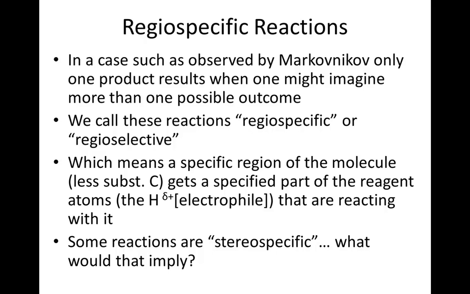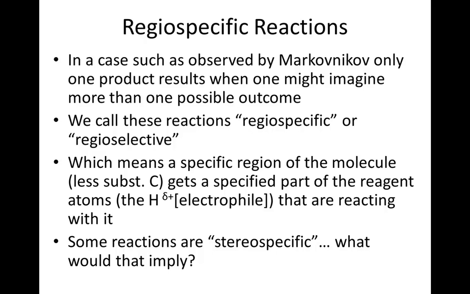Some other terminology. When you talk about Markovnikov, remember this was a case where you had potentially a path A and another potential path B, and yet he observed only product from path A. So in that case, even though you can imagine another outcome, we only observed one. We call that a regiospecific or a regioselective reaction.